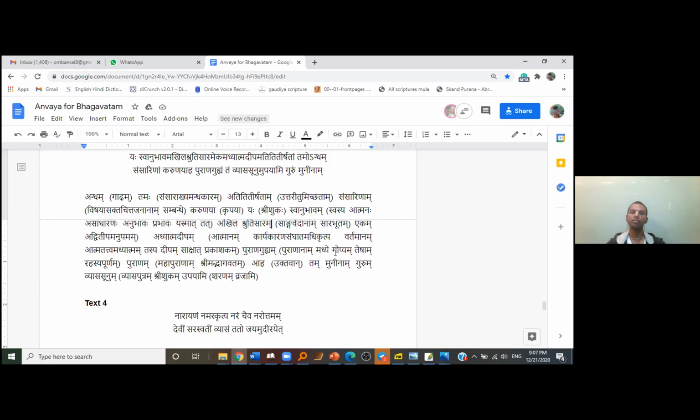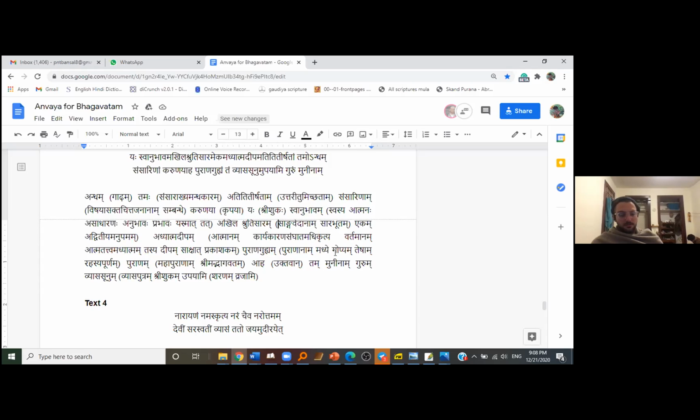Akhila Shruti Saram. Sarva Vedanam Sarabhutam. So the Vedas, along with its Angas. How many Angas are there, by the way? Anyone? 6. Shad. Quickly, we can name them. Chanda, Vyakaranam, Nirukti or Nirukta.